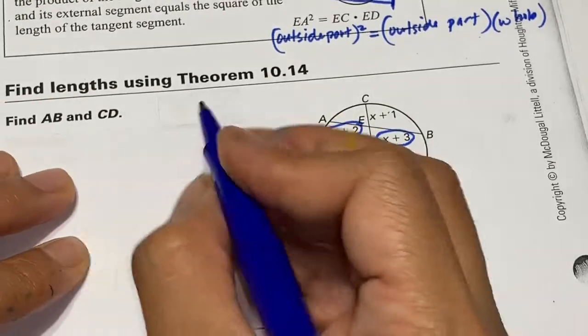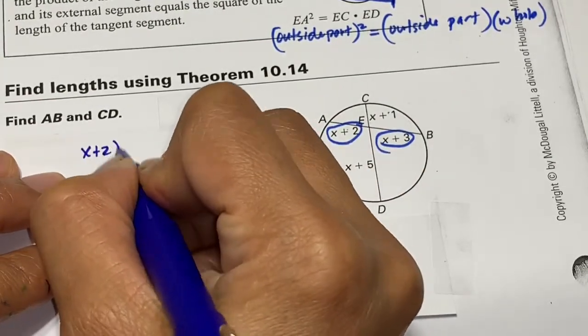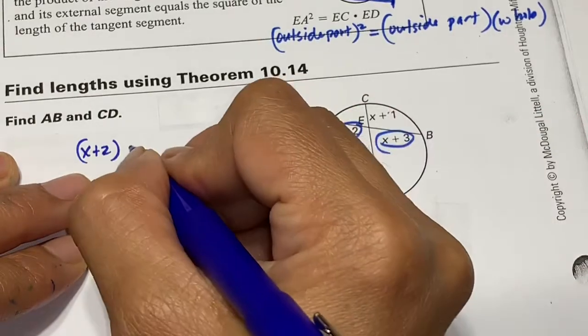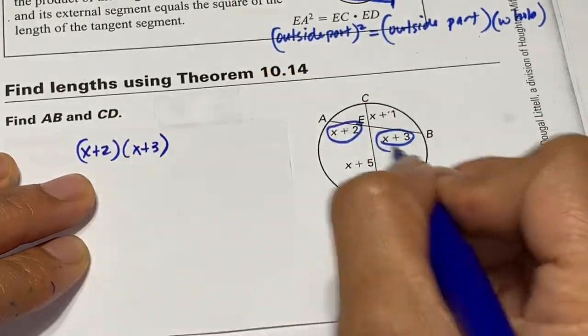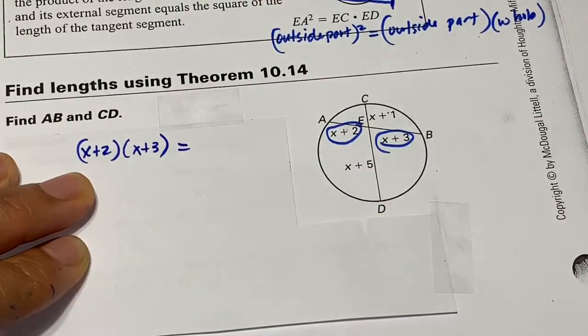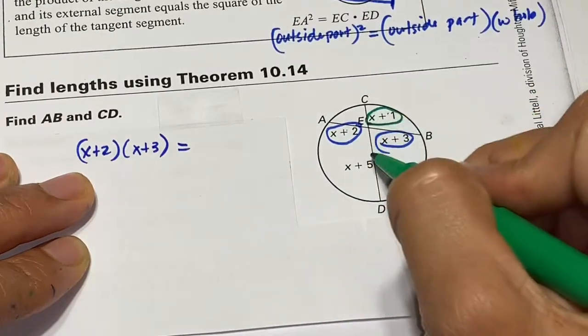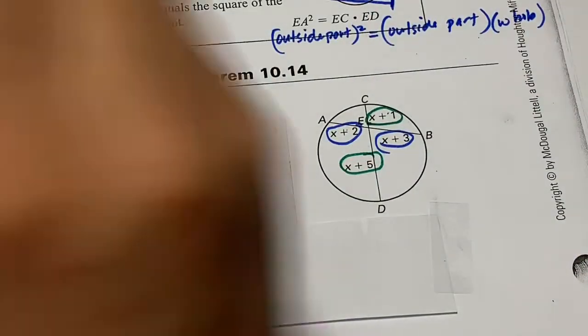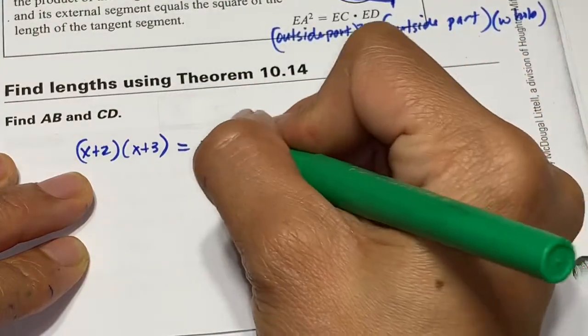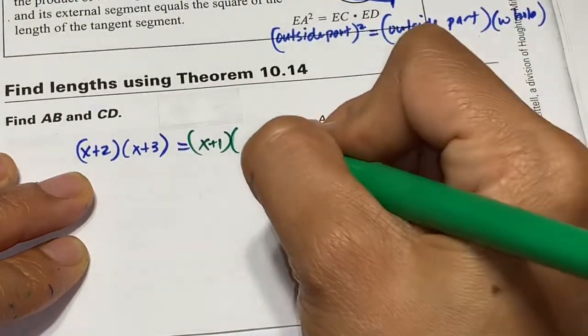Make sure you guys can see it. X plus 2 times x plus 3 equals the other side. I'm just going to use a different color, so you can differentiate. Equals x plus 1 times x plus 5.